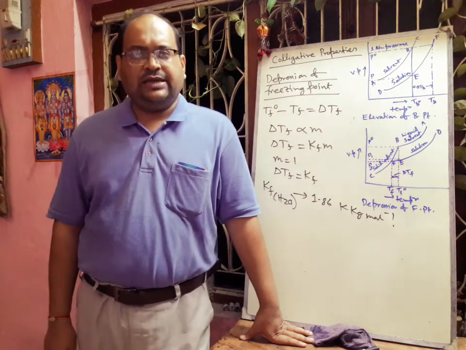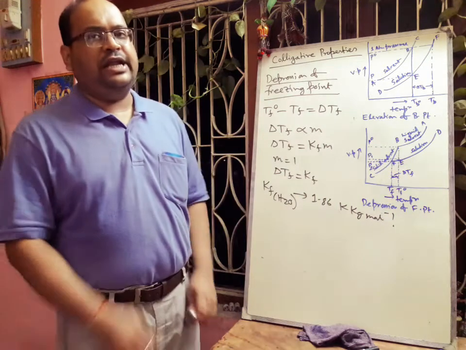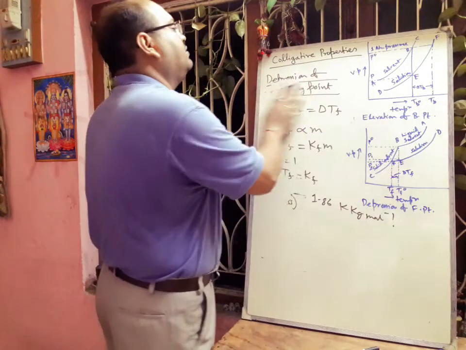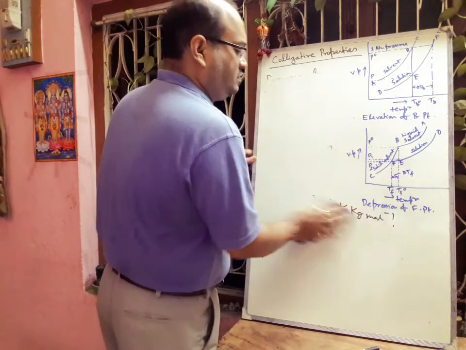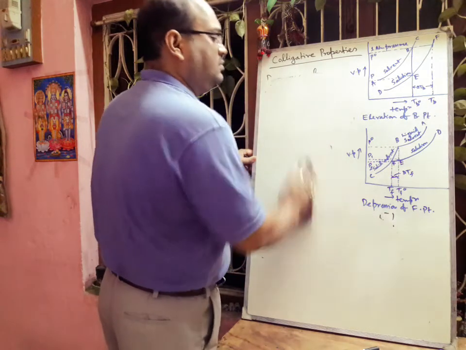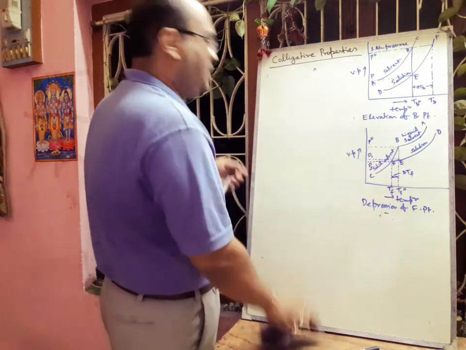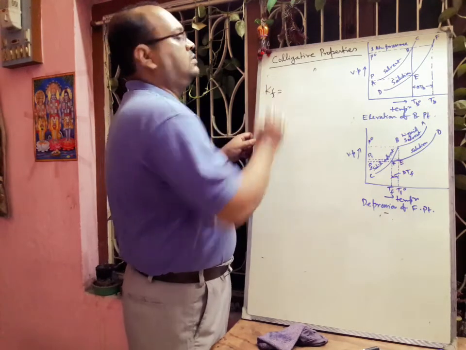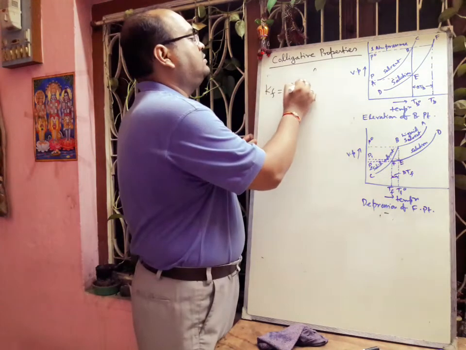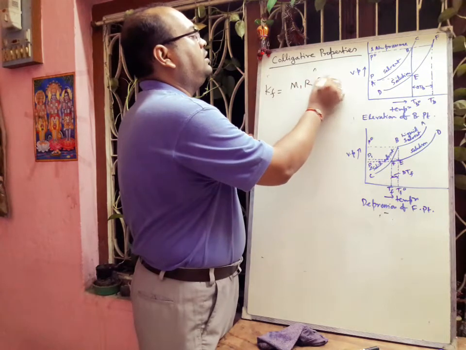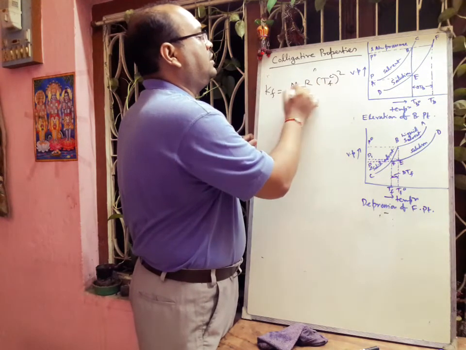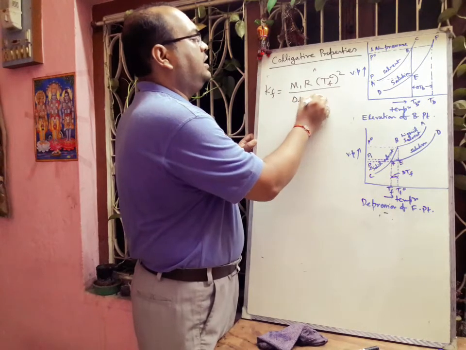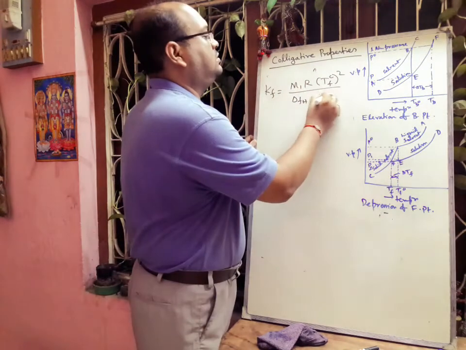Now there are some relations by which we can easily calculate the Kf value. This relation again you have to remember. First relation: Kf is equal to M1 R TF0 square divided by delta FH into 1000.